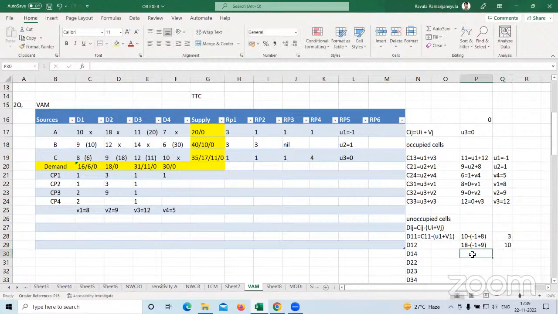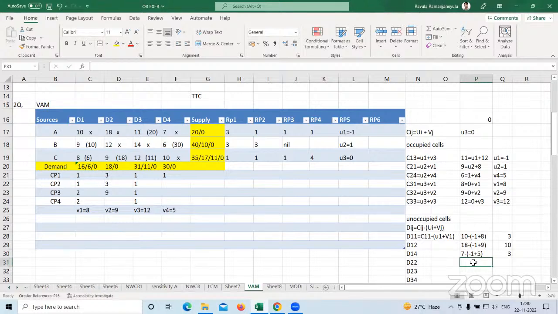Then 1, 4. Cost is actually 7. 7 minus of minus 1 plus 5. V4 value is 5, right? So 5 minus 1 is 4. 7 minus 4 is nothing but 3. Then D22.